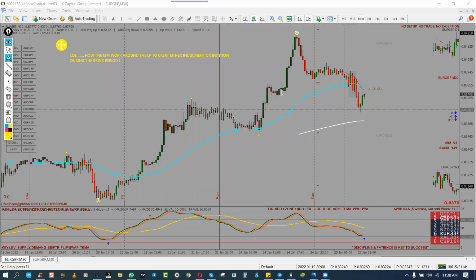I have explained this earlier on. I don't know whether maybe you did not join us on time, but I explained how they work around the liquidity pool.